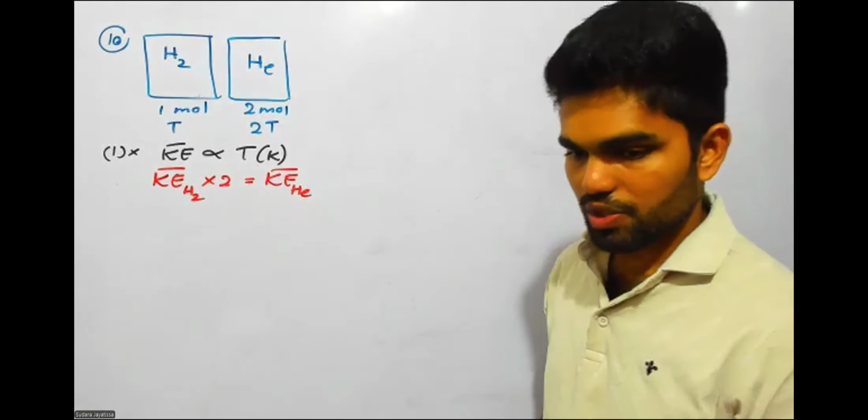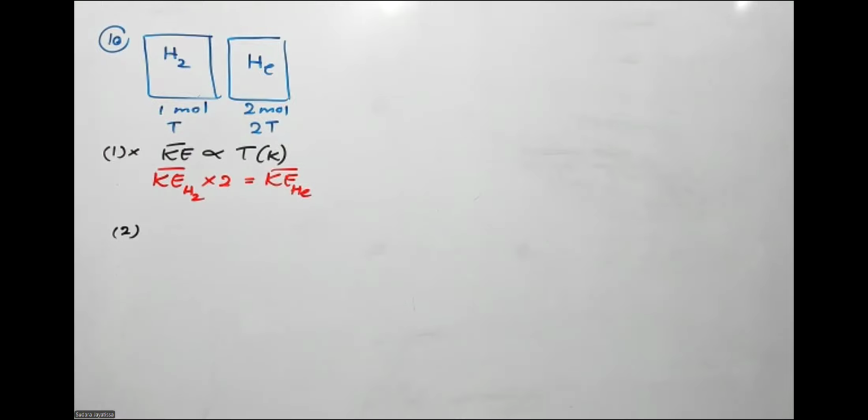Then go to the second statement. The second statement says the mean square speed of helium is twice the mean square speed of hydrogen.